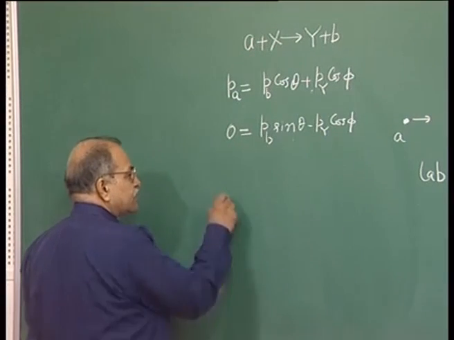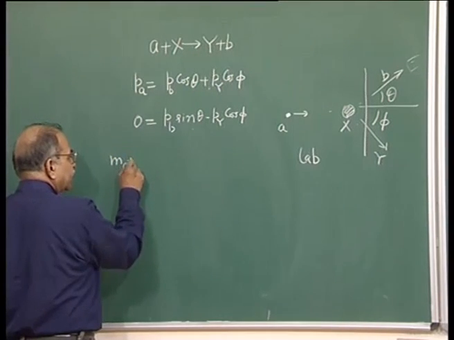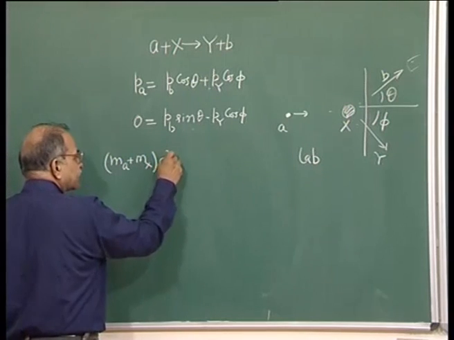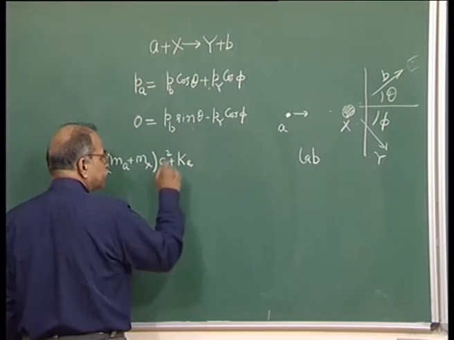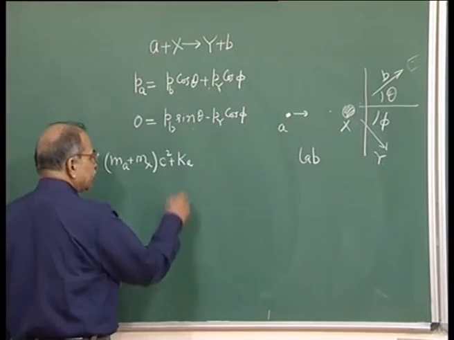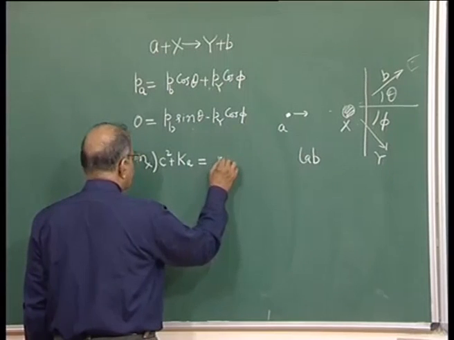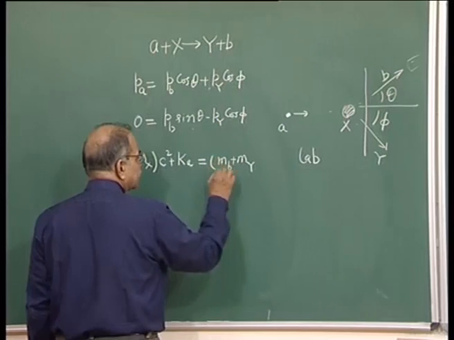Now, initially you have the mass of A plus the mass of x times c square, that is the rest mass energy, plus the kinetic energy of A, and that should be equal to, finally, the mass of B and the mass of y times c square.